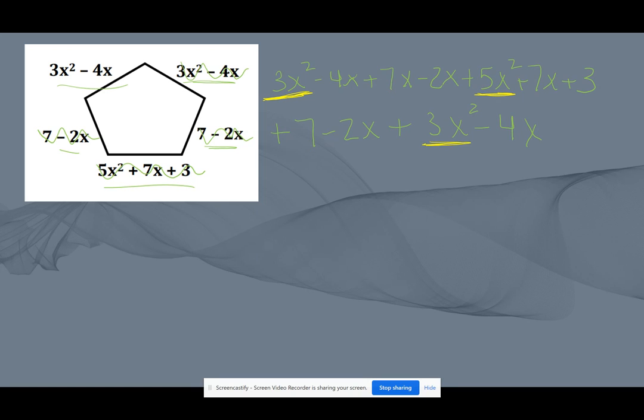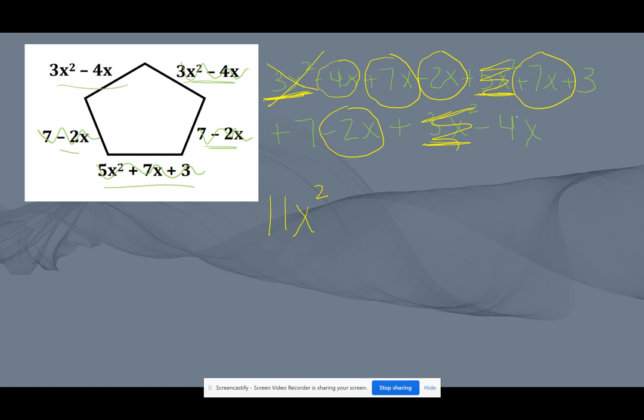So we have 3x squared plus 5x squared plus 3x squared gives us 11x squared. So those are done now. Cross them off.